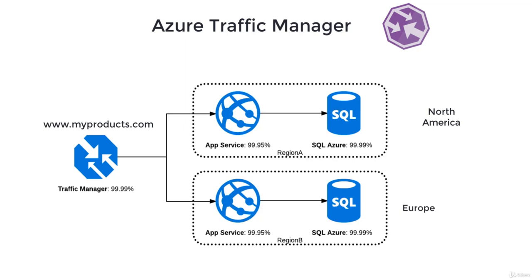Just like Load Balancer, Traffic Manager also provides health checks and automatic endpoint failover, enabling you to build high availability applications that are resilient to failure. That means even if an entire Azure region goes down, Traffic Manager still has the capability to direct the traffic to a healthy data center or a healthy region.